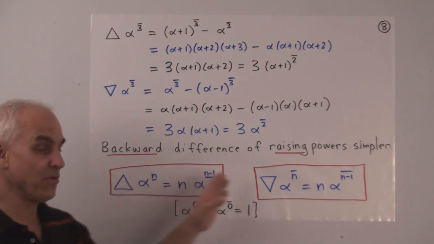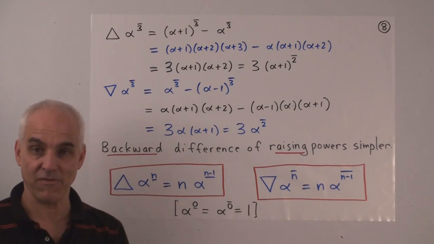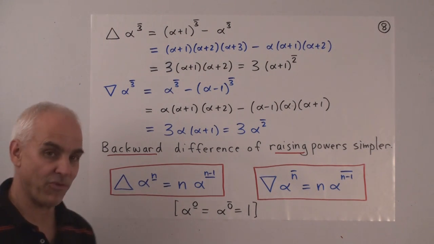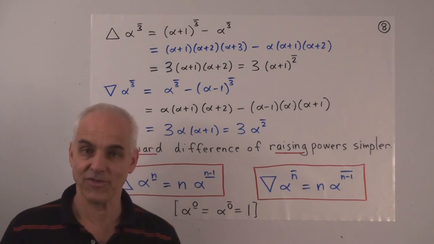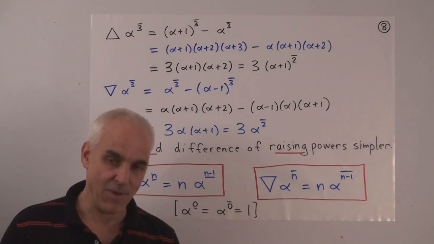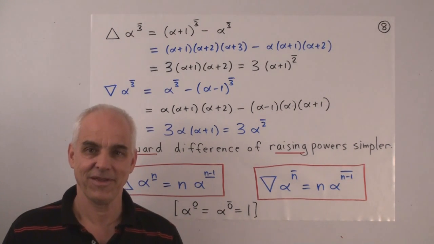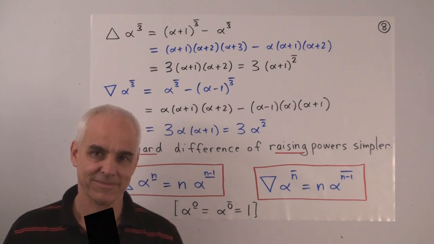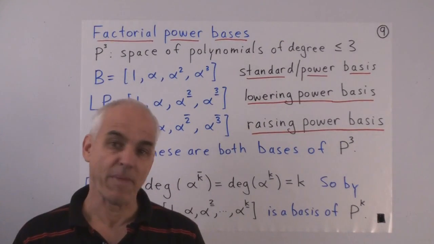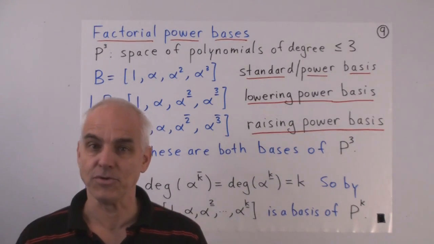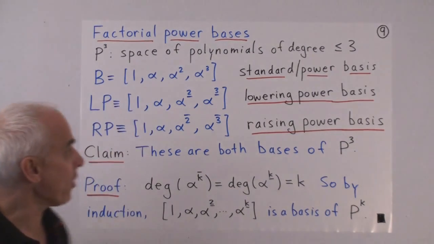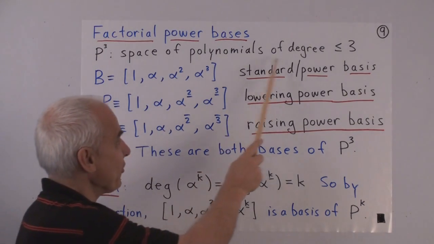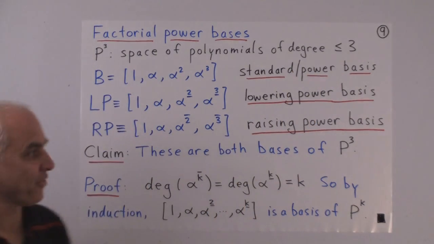These are actually very beautiful and elegant and simple formulas that will allow us to obtain almost spectacular results on sequences, and they really allow us to understand sequences in a calculus kind of way. So it makes sense now for us to introduce some new bases for our favorite space, P3, the space of polynomials of degree less than or equal to 3.